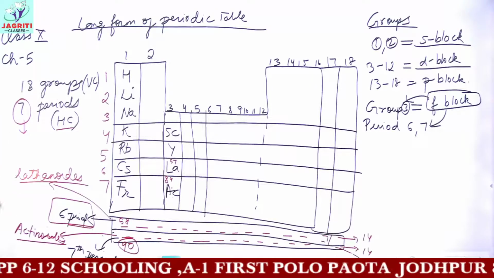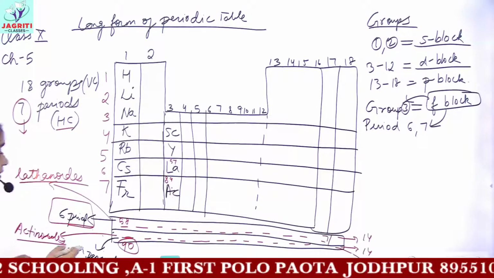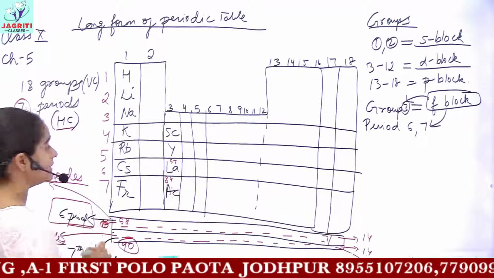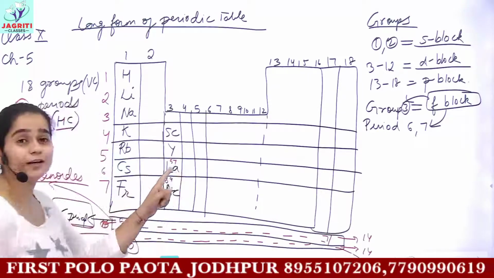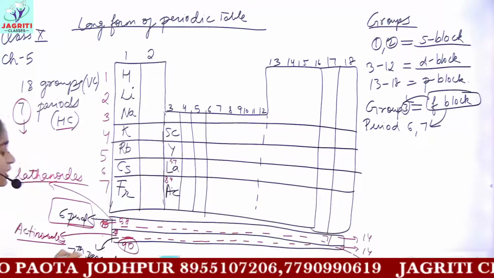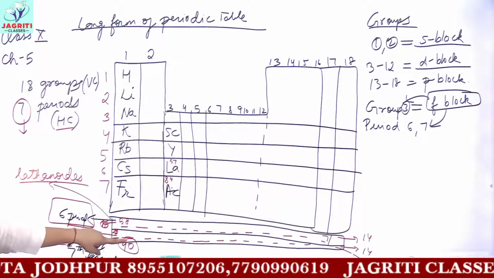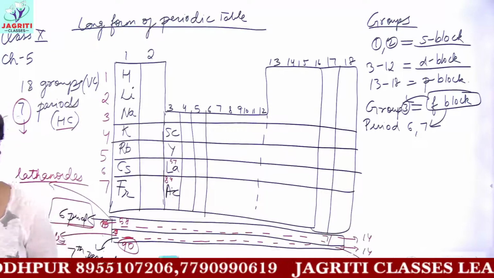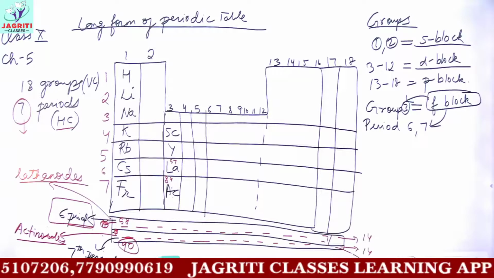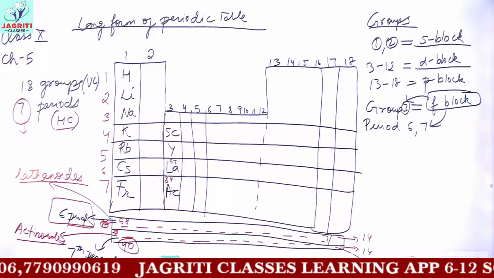Why are they named lanthanoids and actinoids? Because all the elements in the A series have properties similar to lanthanum, and the elements in the B series all have properties similar to actinium, and hence they were called lanthanoids and actinoids respectively.